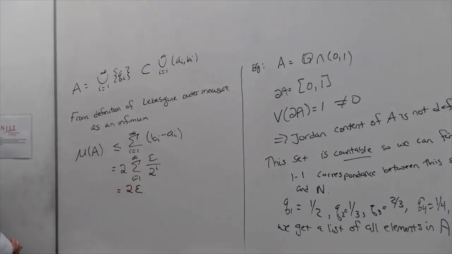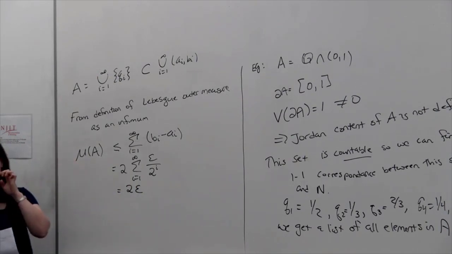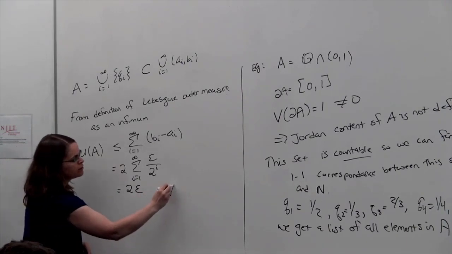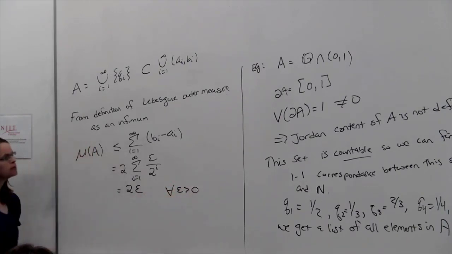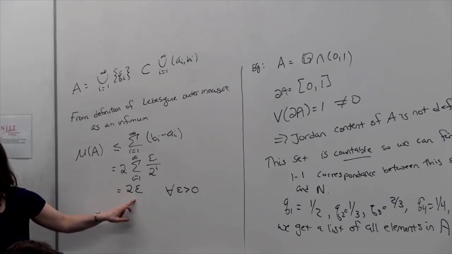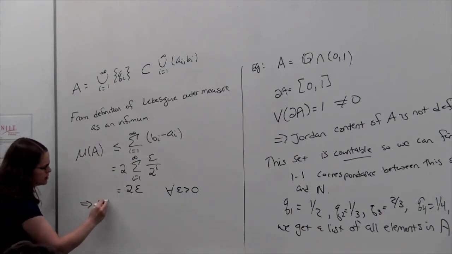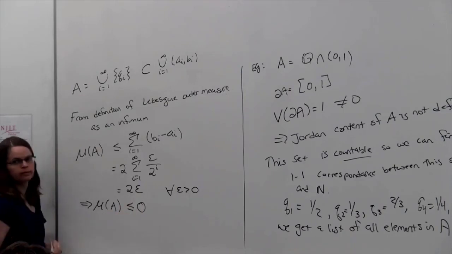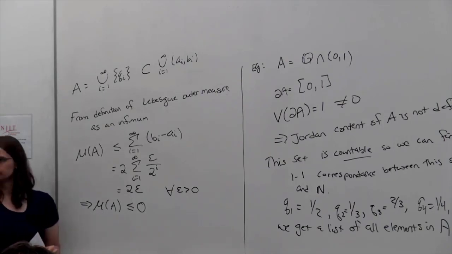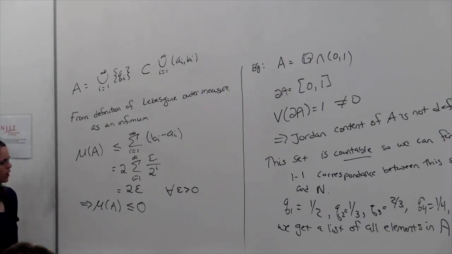So we know that, at most, the outer measure of this set is equal to 2 epsilon. But I could have picked epsilon to be anything I wanted it to be. This holds for all epsilon bigger than 0. So if the size of this set is less than any positive number, it must be at most 0.